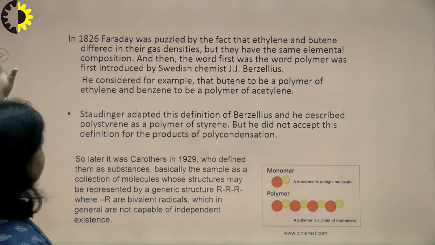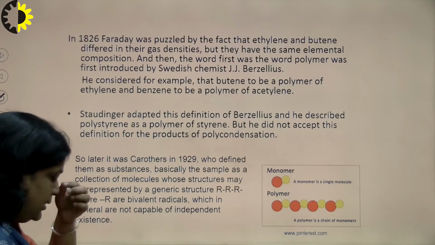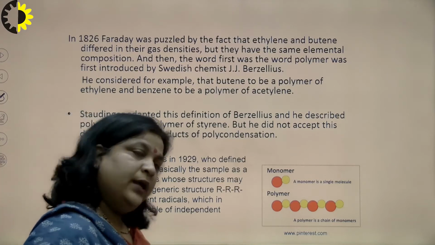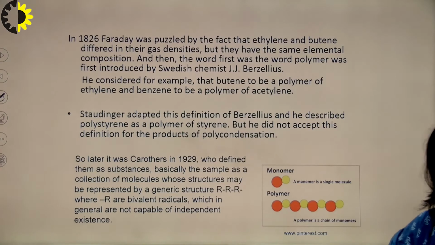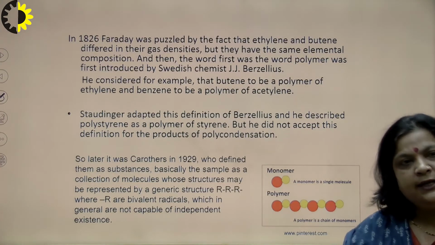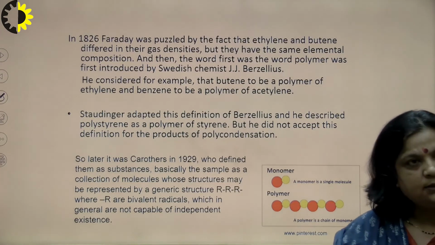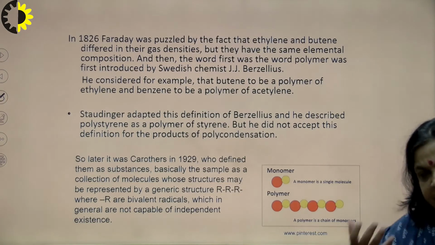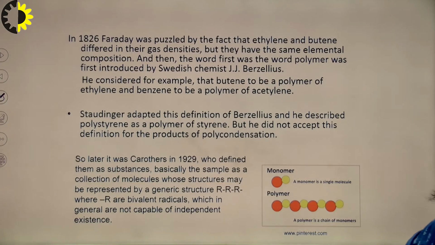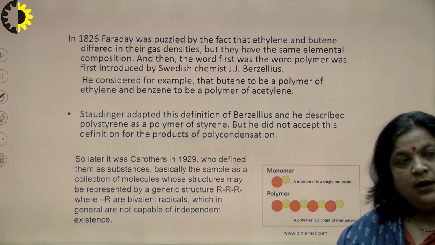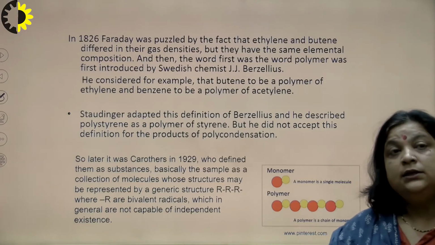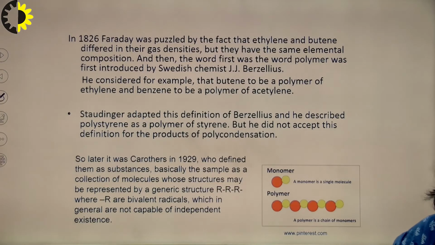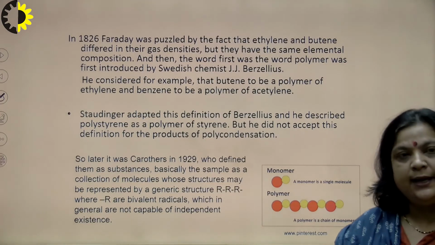If we see from the beginning, when civilization occurred, natural compounds or natural materials were used as polymers, and for various purposes natural materials were exploited. But in the 19th century, in 1907, the first polymer prepared in a lab was bakelite.